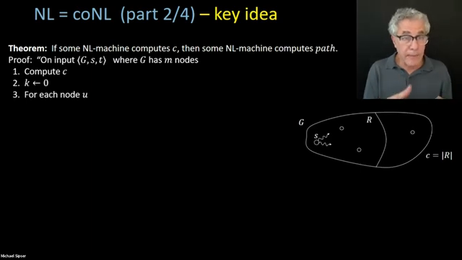And then I'm going to keep a count of how many reachable nodes I found. If that count agrees with the value C I started with, then I know I found them all. And if T is not one of them, then I know T is not reachable.